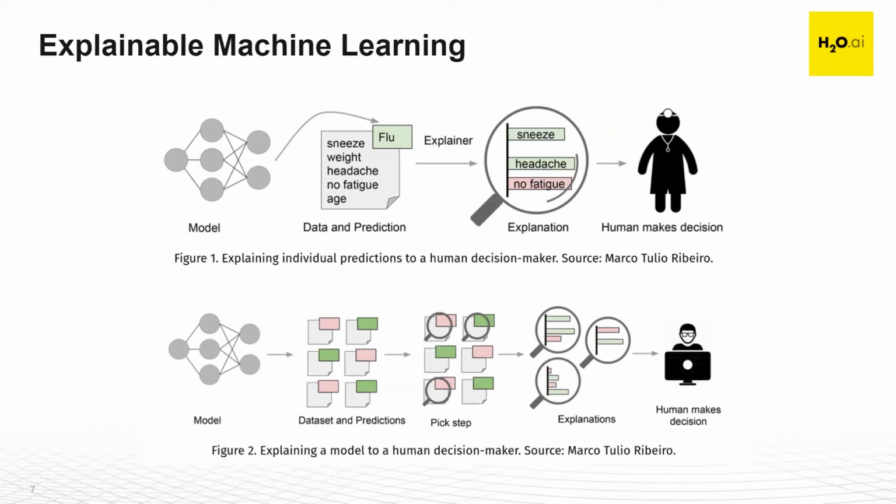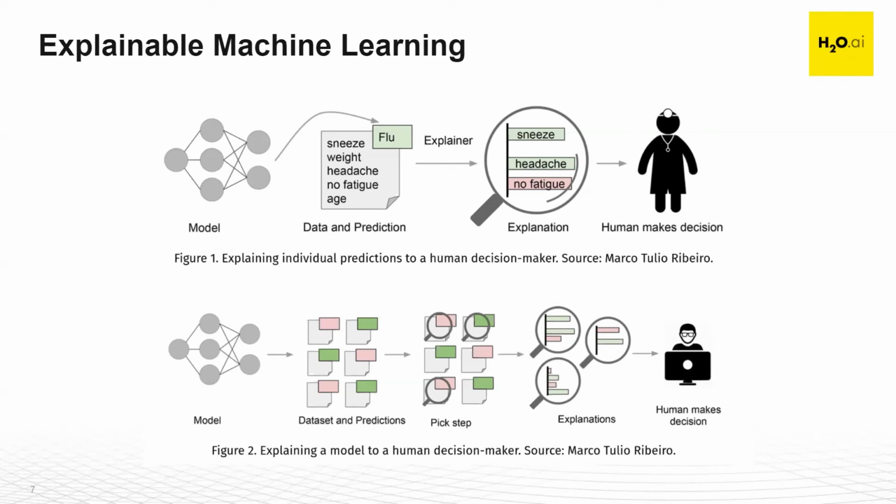Because we have seen this patient with sneezing and headache, we can quantify the contributions of different features to the final outcome. Then we can pass that on to the next decision maker, which could be a nurse or a doctor, and they can understand what the machine learning model is doing. That's for individual predictions.